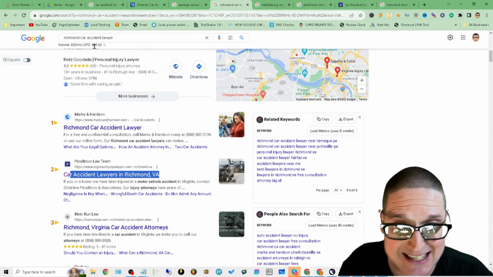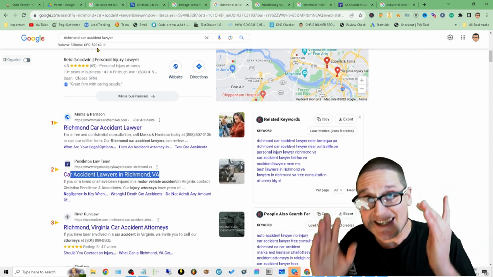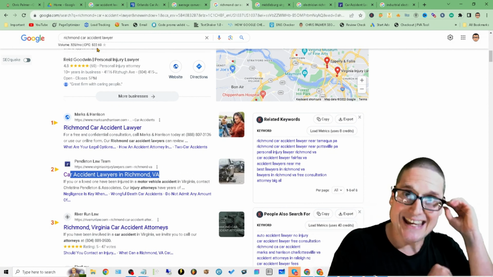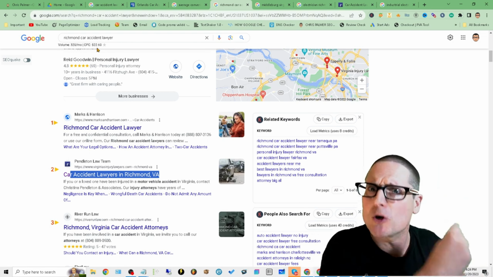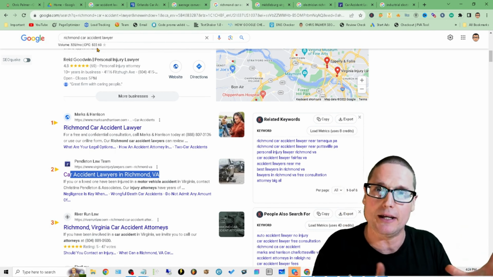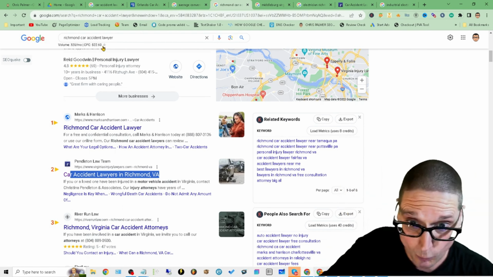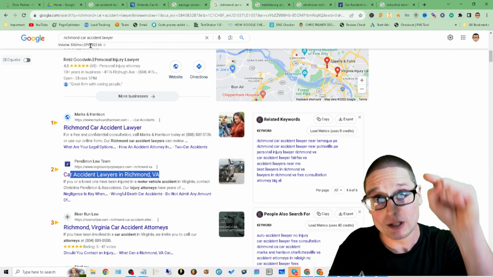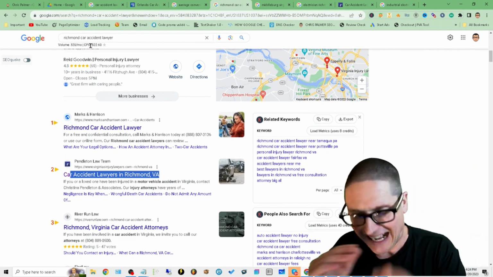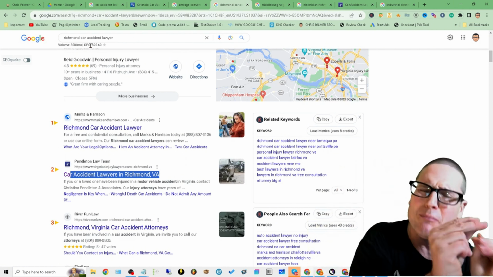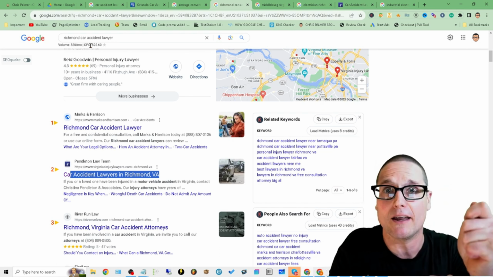Look at traffic and CPC. CPC is going to be commercial intent value, right? There's commercial intent, a possibility that this can convert. That's why somebody's willing to spend $22 per click. So I like to make sure there's some type of traffic, some type of CPC. Somebody's betting on it, right?